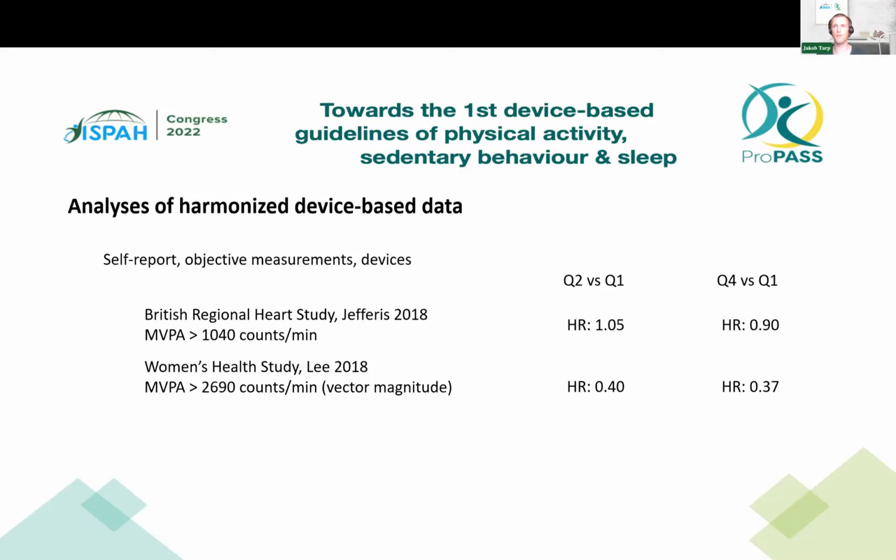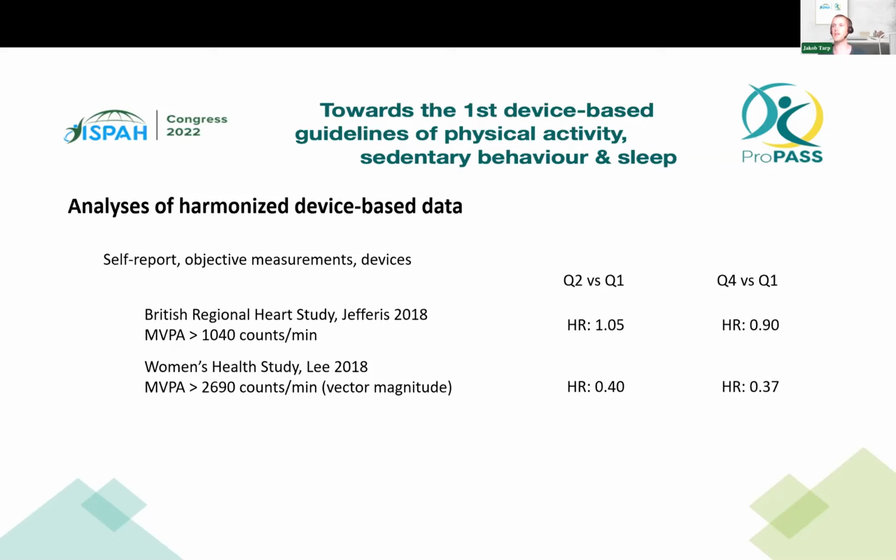For example, I highlighted here two studies, the British Regional Heart Study and the Women's Health Study, published in the same year, both analyzing moderate to vigorous physical activity against all-cause mortality, splitting their sample into quartiles and using the least active as the reference.